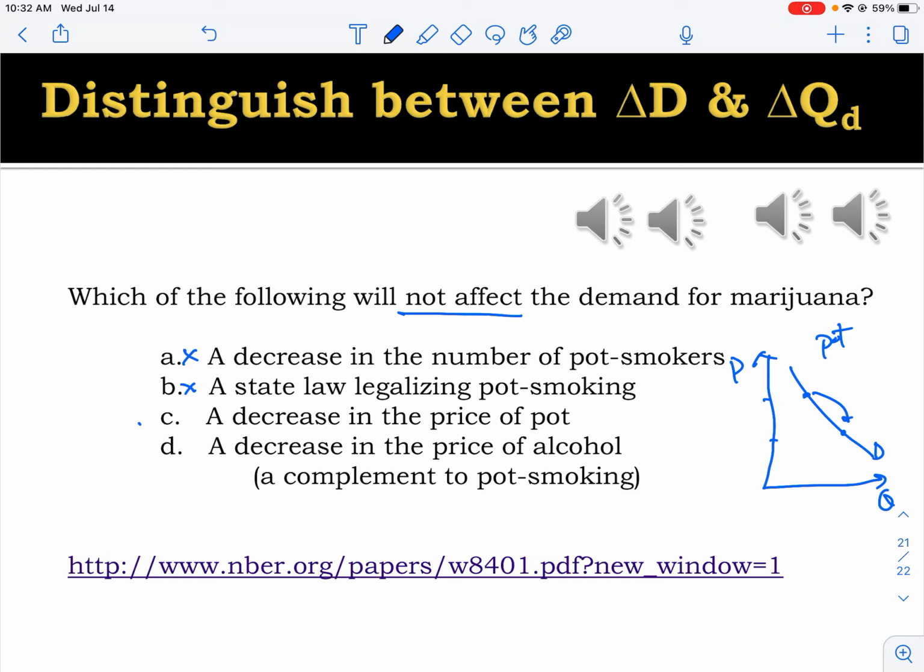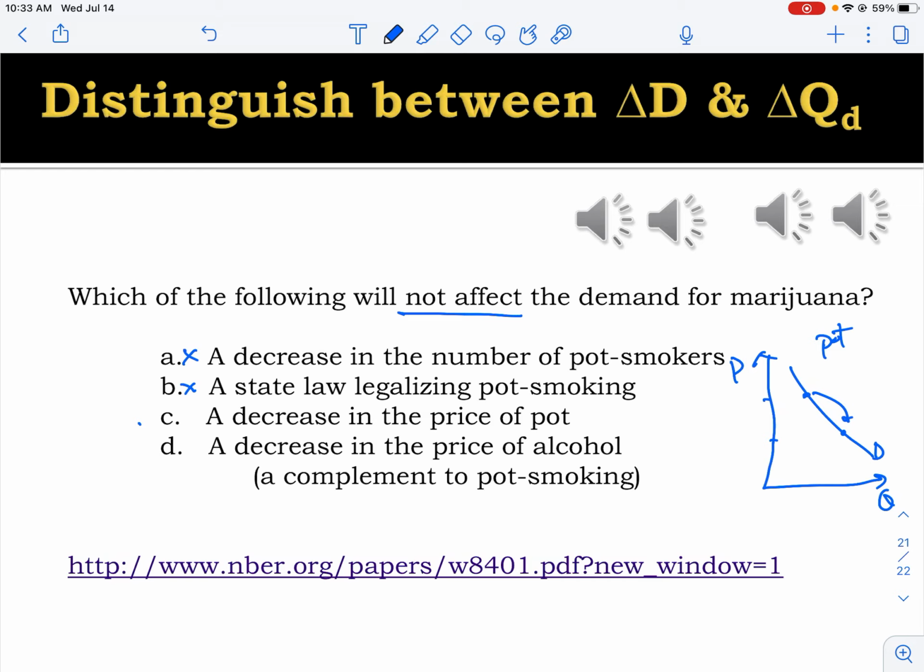Let's be thorough and look at D as well. A decrease in the price of alcohol, which here I'm stipulating is a complement to pot smoking. So if alcohol becomes cheaper, and if in fact they are complements, which is what the problem stipulates, then if people want to consume them together and the price of alcohol goes down, the law of demand says that with a lower price of alcohol, people would consume more of it.